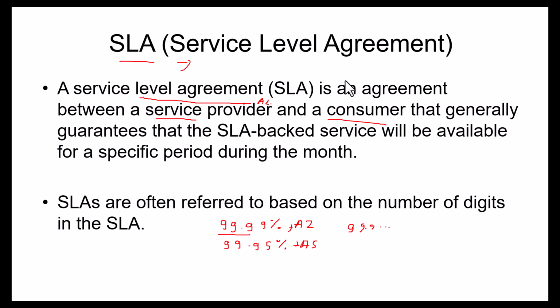There are a few other terms which are synonyms of SLA, that is uptime. Uptime is just a type of SLA only. Availability is also a synonym which may come in your examination, and it is important to remember that all these terms simply mean the SLA only.